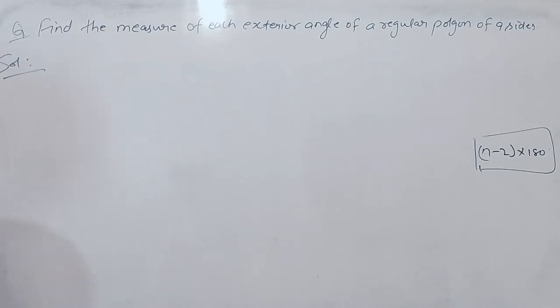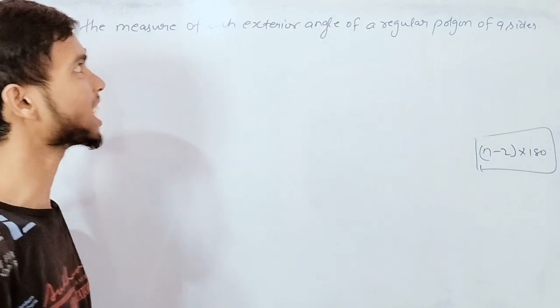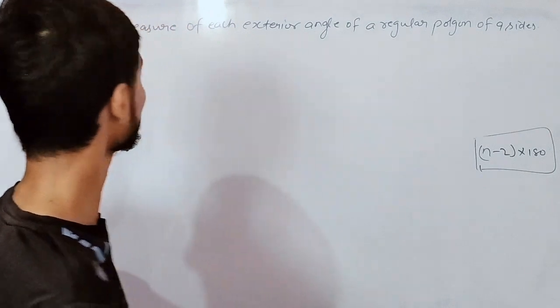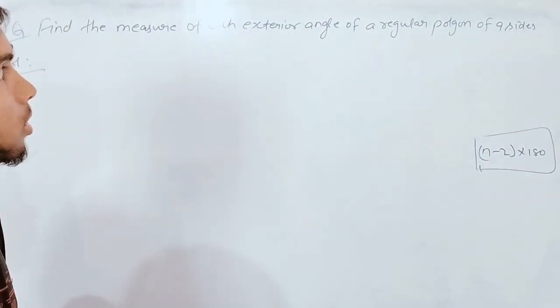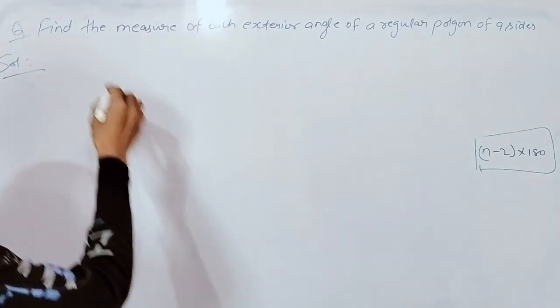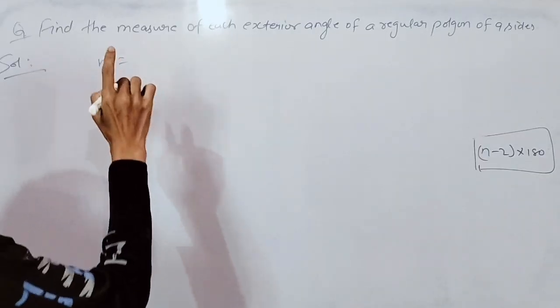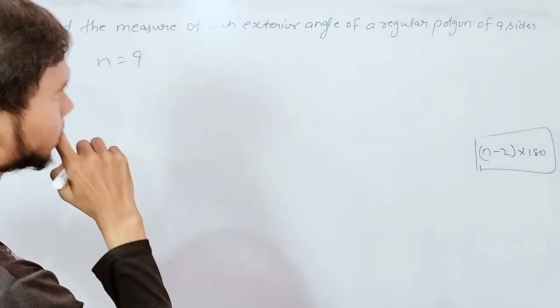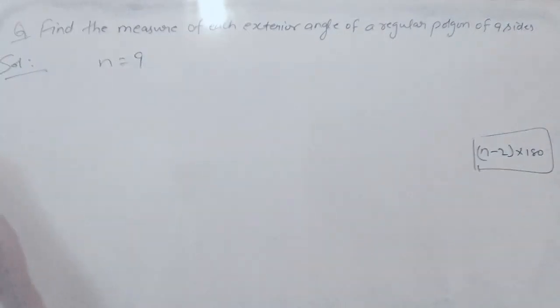Find the measure of each exterior angle of a regular polygon of 9 sides. So the number of sides of the polygon is 9.